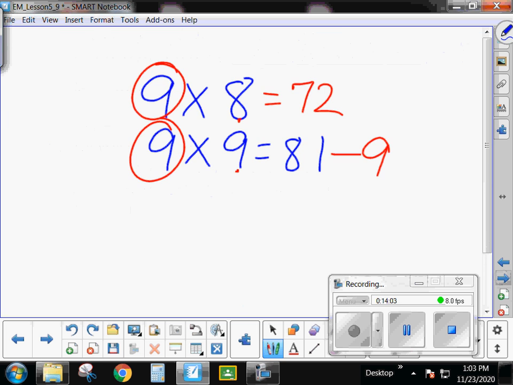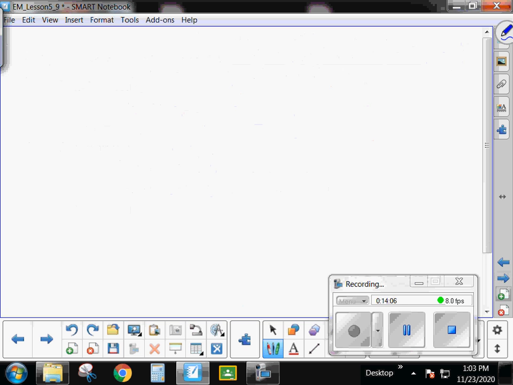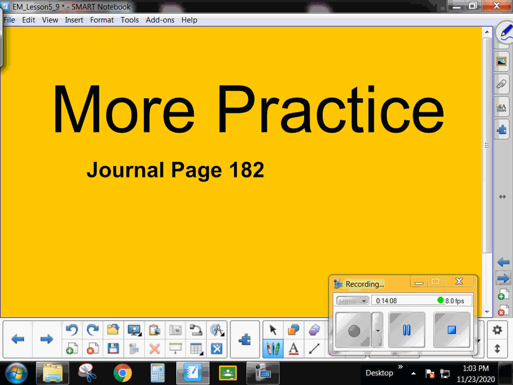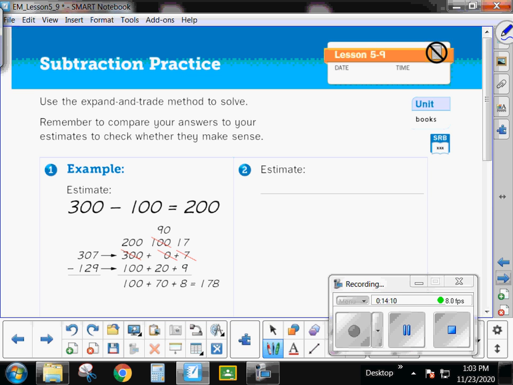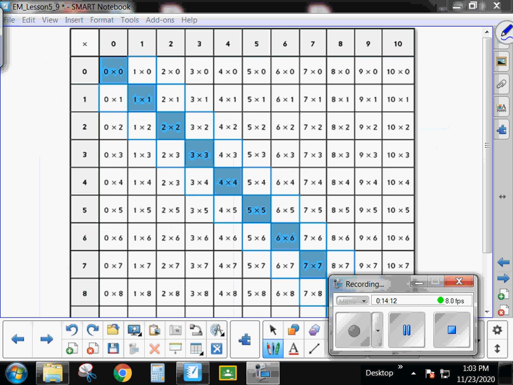All right, the next thing I want you to do for this lesson is find the page that looks like this in your workbook. It's got all the different multiplication facts, clear from 0 times 0, clear up to 10 times 10. I want you to go through and see how many of these you can answer very quickly. Now, you should be able to answer all of your square facts, your 1 times 1, 2 times 2, 3 times 3, 4 times 4, 5 times 5.